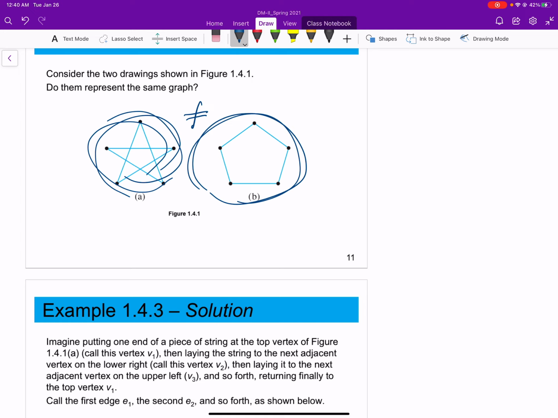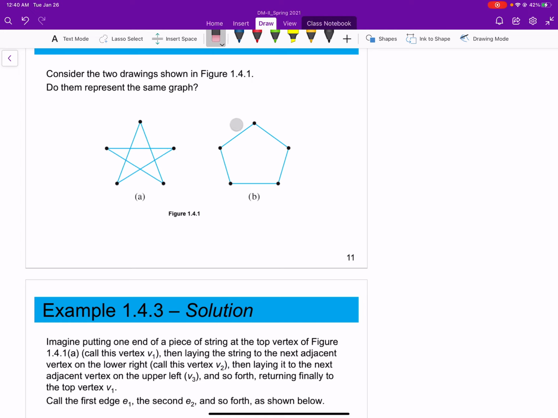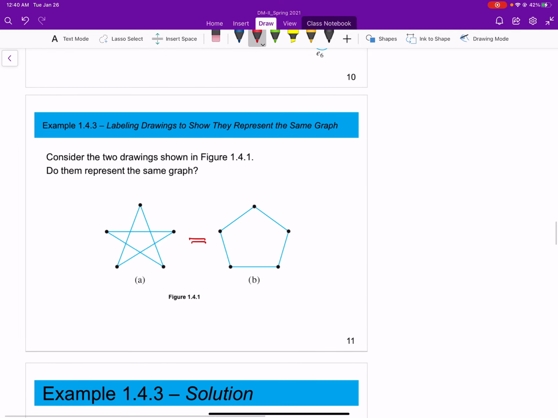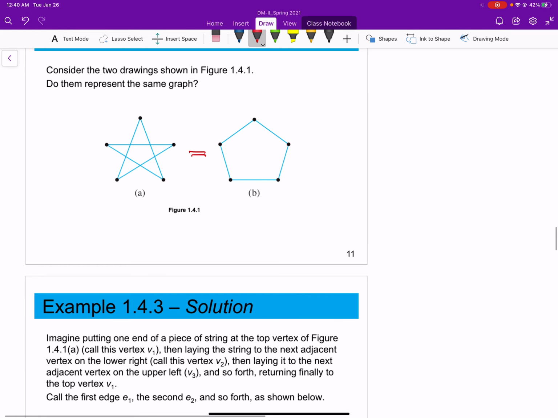These are similar graphs, the same graph. Actually, they are equal, but the way it is presented, you are confused. That's all about labeling the graph and how you draw that graph. It's all about labeling and drawing. So that's what we're going to learn here.